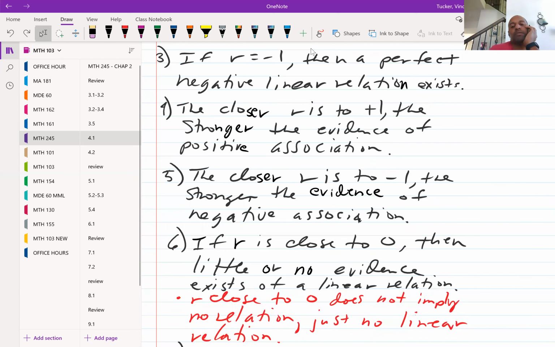If R is close to zero, then little or no evidence exists of a linear relation. So once again, goes back to what we were saying before, R close to zero or no linear relation does not imply no relation, just no linear relation.